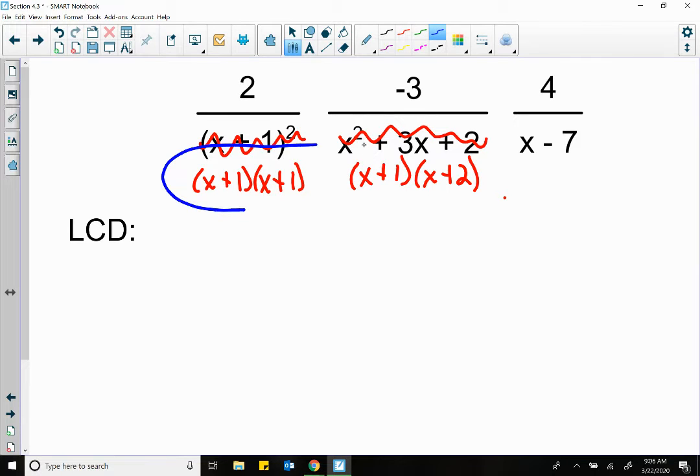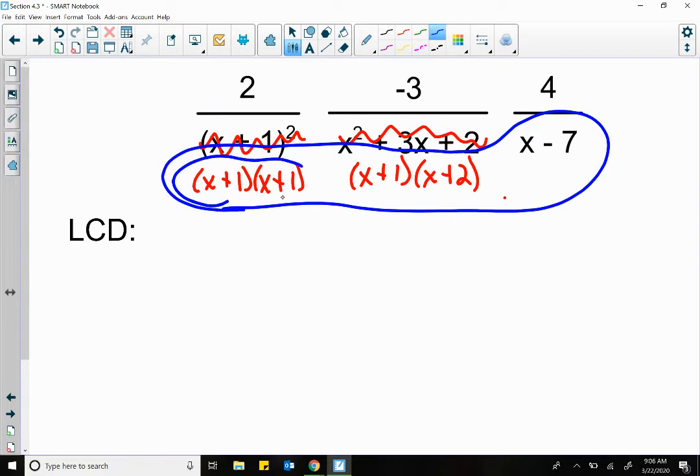So here's our denominators. When we find the LCD, again, using my rule of thumb, start with the first guy, x plus 1, x plus 1. So does x plus 1 cover x plus 1, x plus 2?